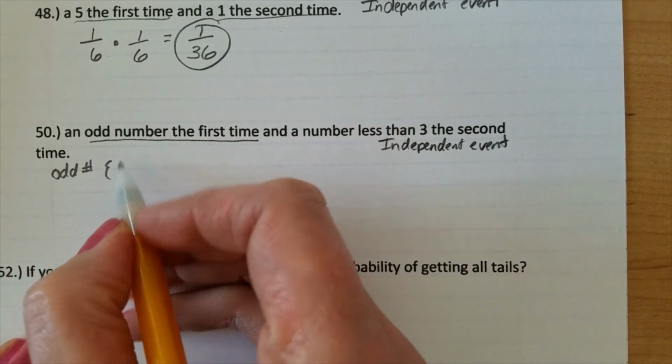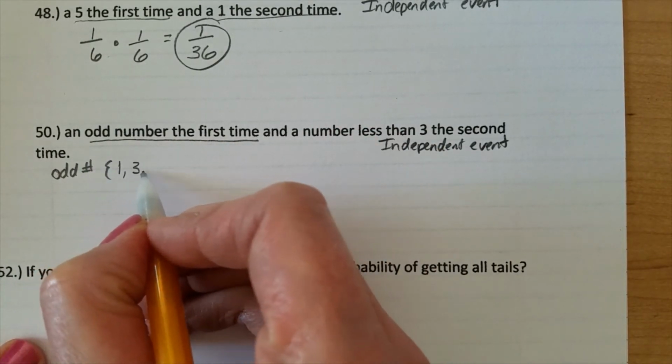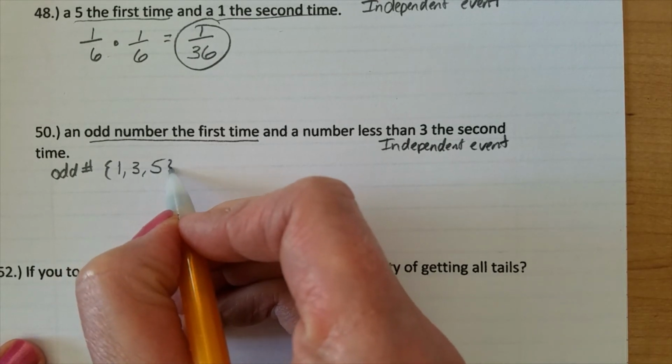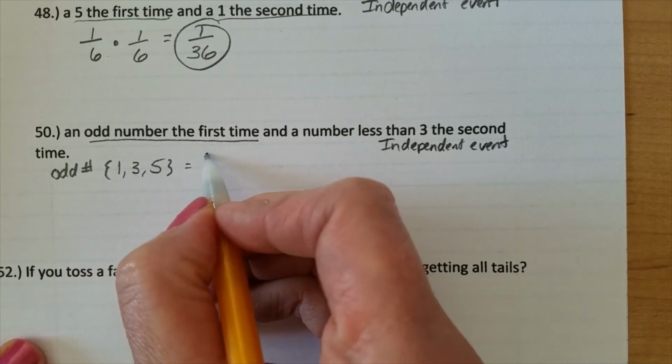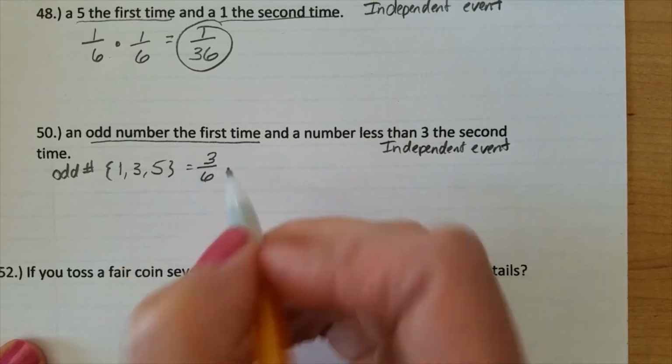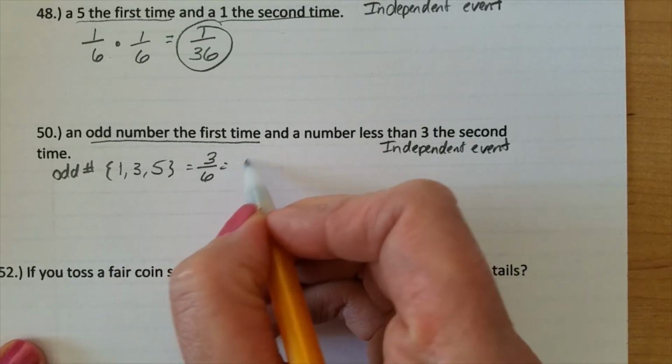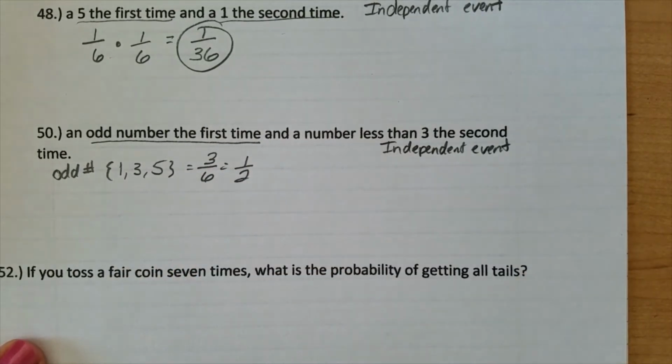So my choices here would be a 1, a 3, or a 5, which means I have 3 out of 6. Reduce that. So my probability of rolling an odd number is 1/2.